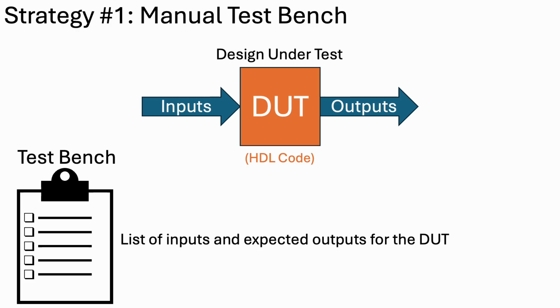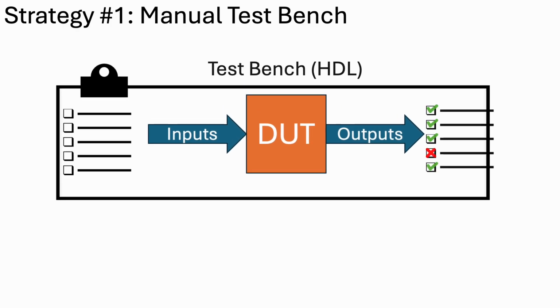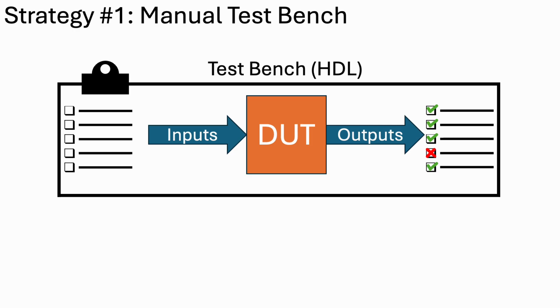In hardware, you usually call this a test bench. And then you put this design under test in your test bench. On the left side, I'm showing the test generation, and on the right side, the evaluation.